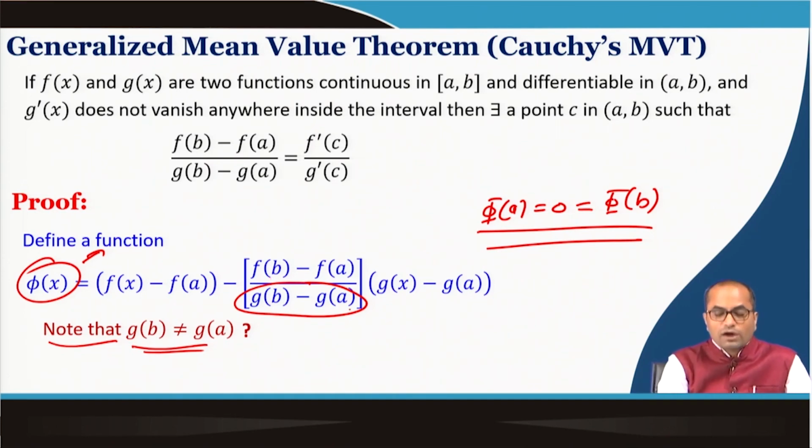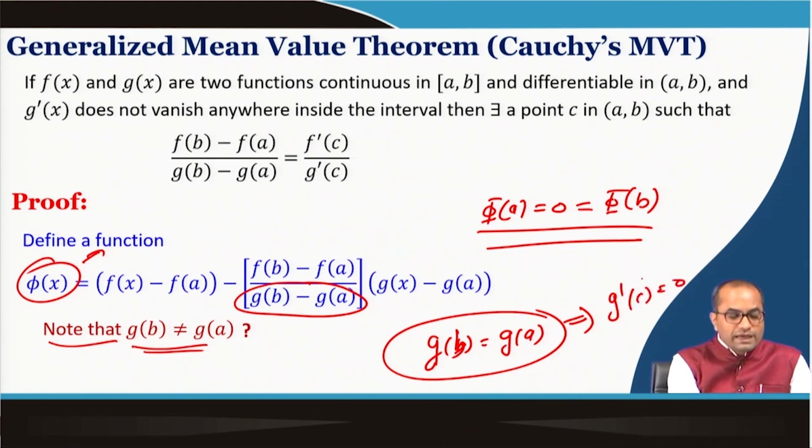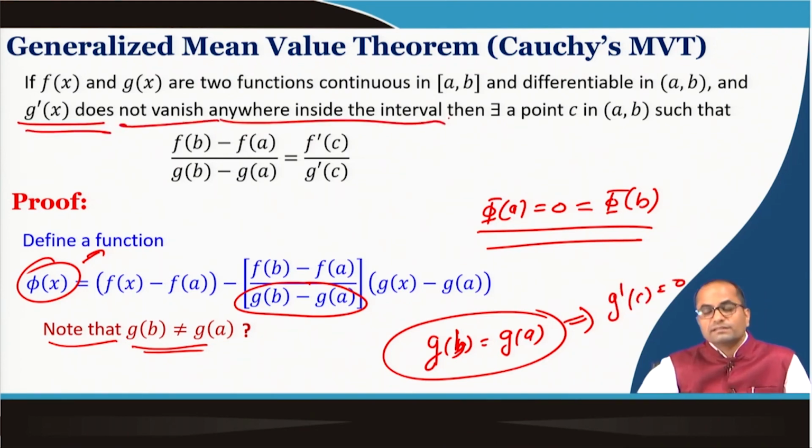So, here g(b) cannot be equal to g(a), because if g(b) is equal to g(a) and g is continuous and differentiable, then applying Rolle's theorem implies that g prime(c) will be 0. But we have the condition that g prime does not vanish anywhere inside this interval.